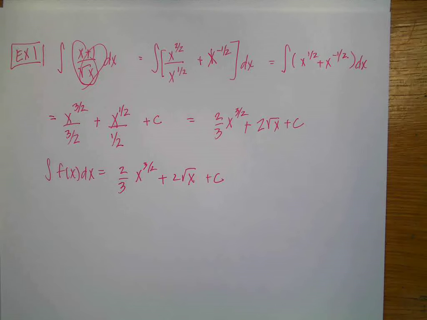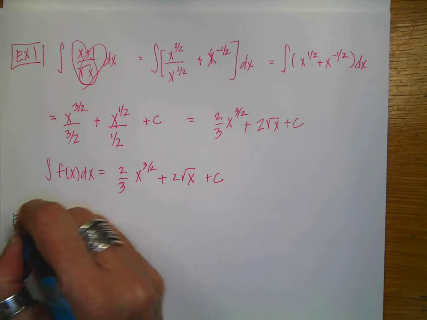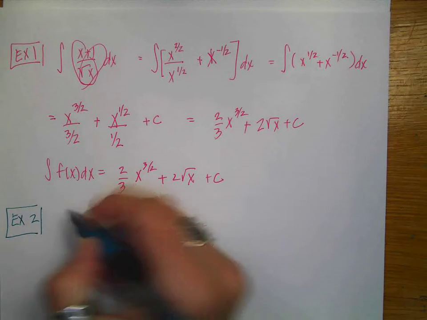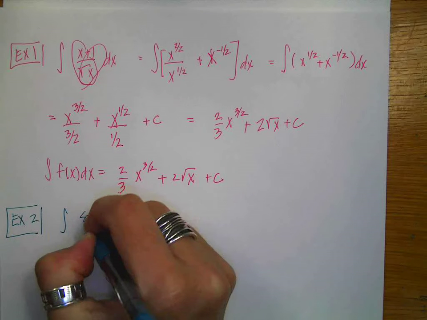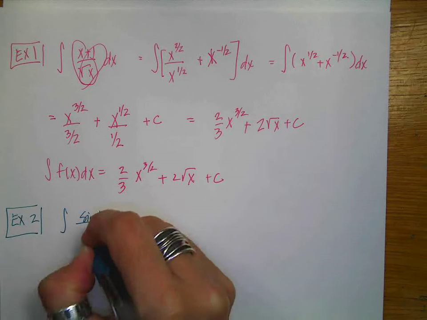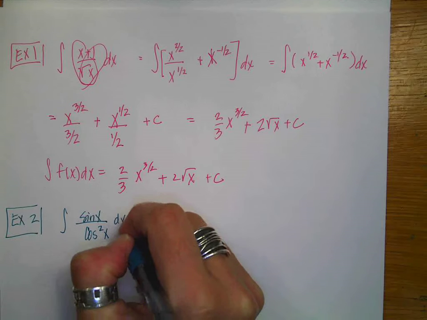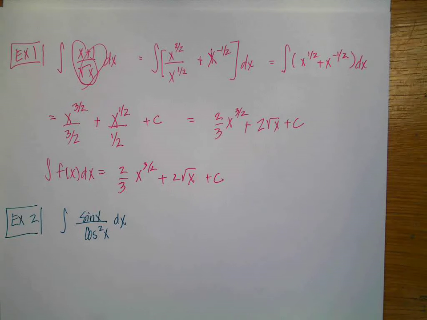The next example that I'm going to do is a trig example, so only a couple of examples since you guys have already been through integration once. So this is the integral of sine of x over cosine squared of x dx.